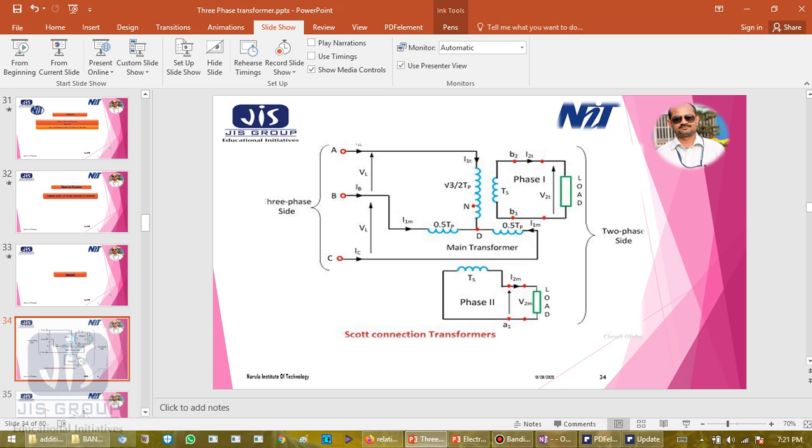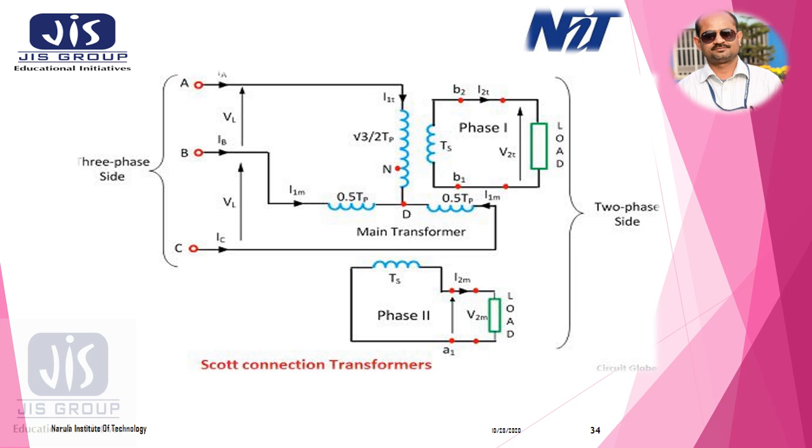So current is I1T, turns is TAD because this part is AD. So I1T into TAD equals I2T into TS.